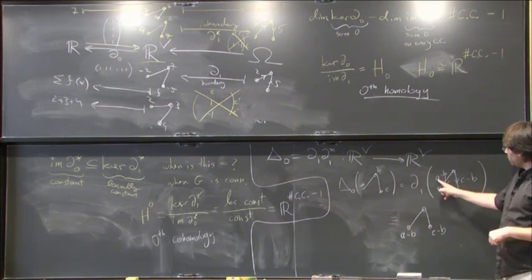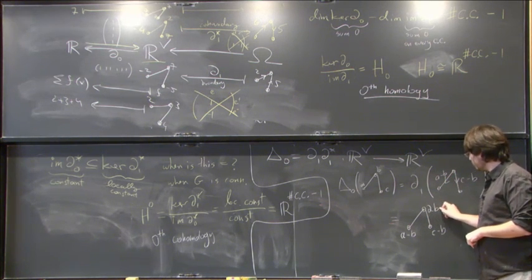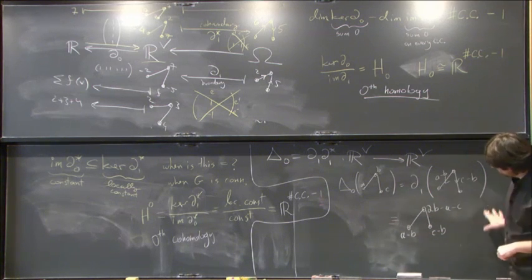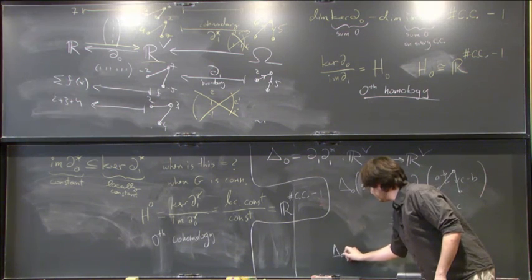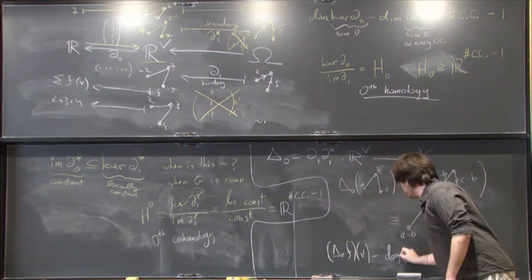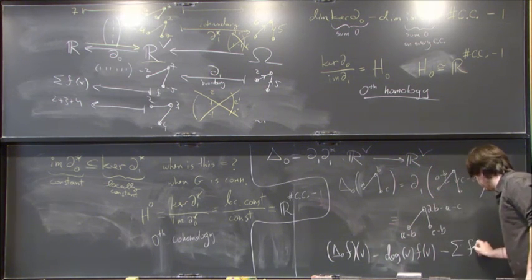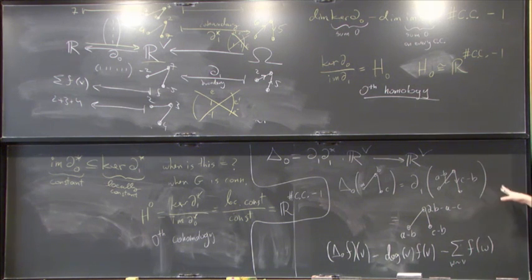So it gets minus A plus B, and here minus C plus B. In total, 2B minus A minus C. So if you follow this, you should believe me that the Laplacian gives you the original value times the number of neighbors minus your neighbors. It should be obvious here.